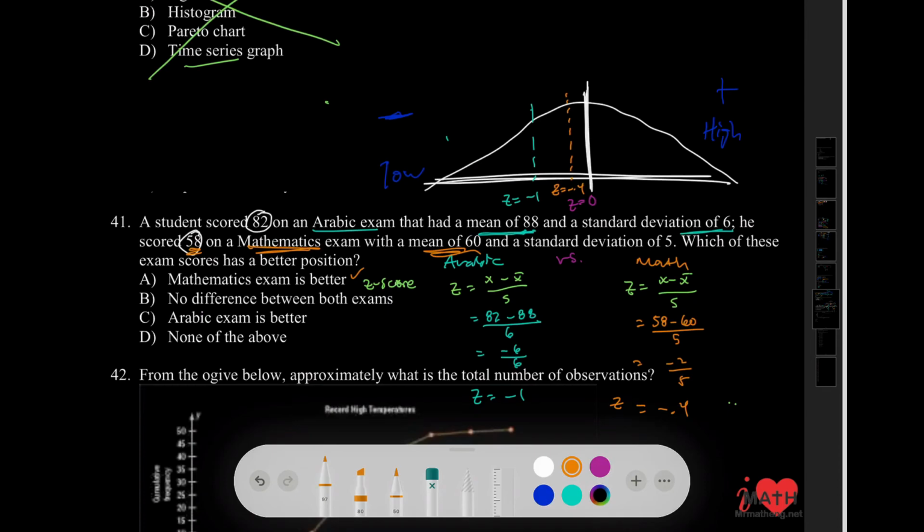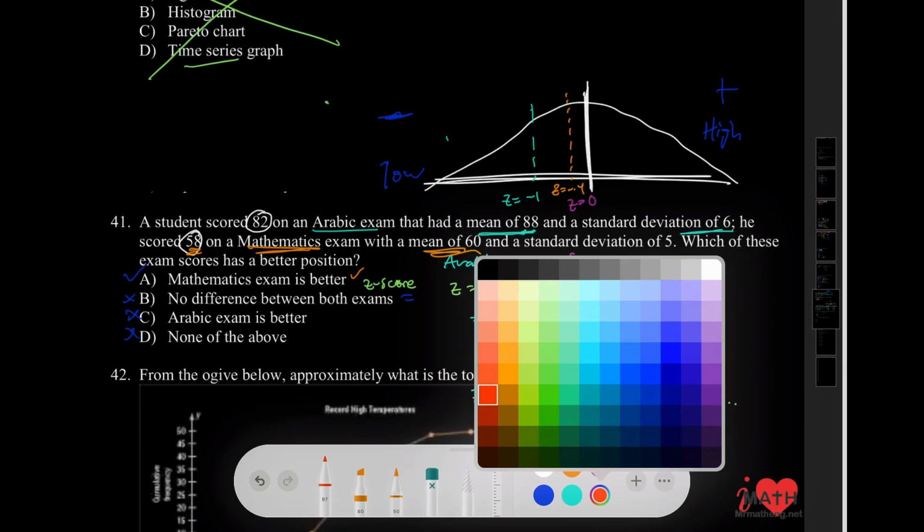When it says no difference, they're basically stating, are these equal? That's no, so I have that so far. The Arabic exam is better. No, it's not true, because a lower negative z-score basically means you're further away from what the average people are doing. And we have one of those. So the answer to 41 is A.